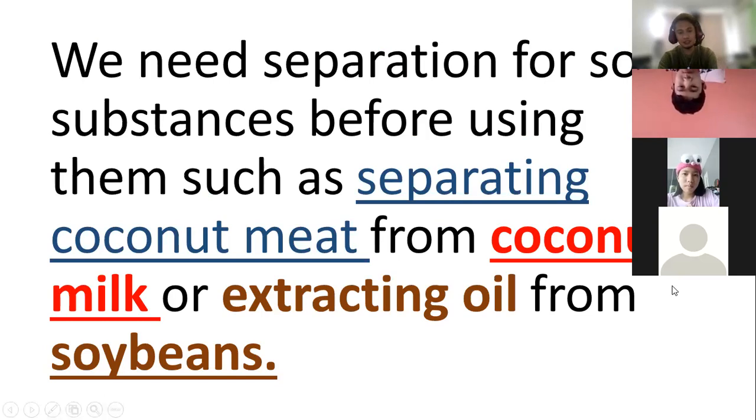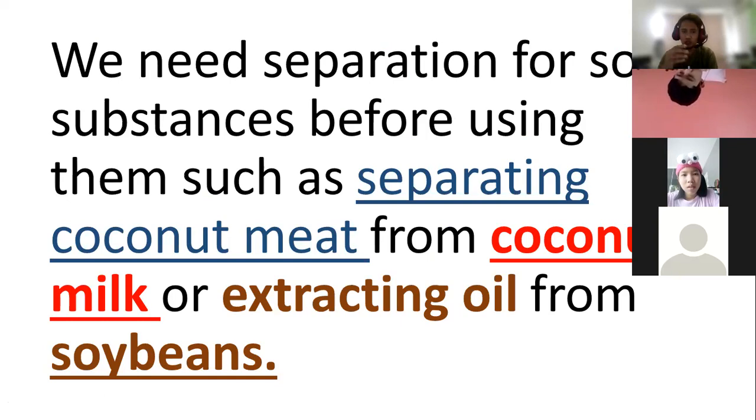From coconut milk. What is coconut? Coconut. What is coconut milk? If we will not separate the coconut and the coconut milk, what will happen? We cannot use the coconut milk, right?